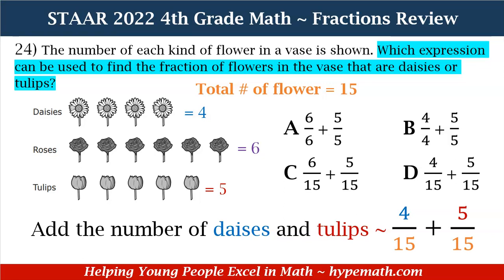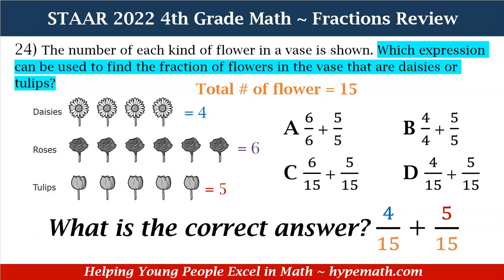Let me say it one more time. For our denominator, we are going to count the total number of flowers, and that is 15. Now that we know our denominator is 15, we're going to look at the number of daisies. That is 4. That is why our fraction is 4 over 15. And for tulips, it's 5 in our numerator. 5 over 15 is our fraction.